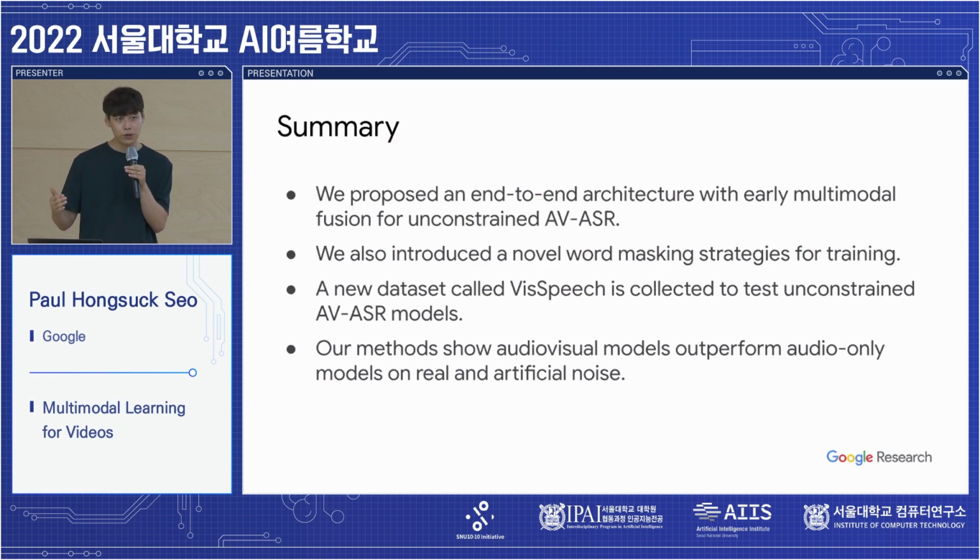And then we also showed that for text generation, the visual modality actually helps, and we can also use pre-training to improve it. And even here, visual information is effective in improving the speech recognition task.